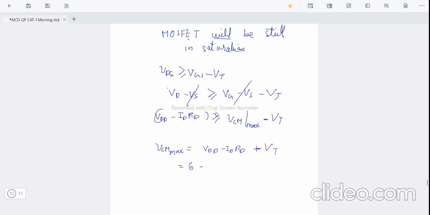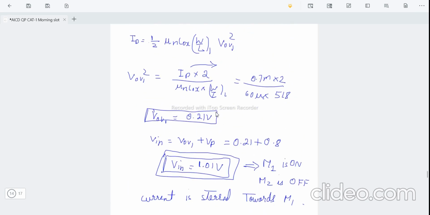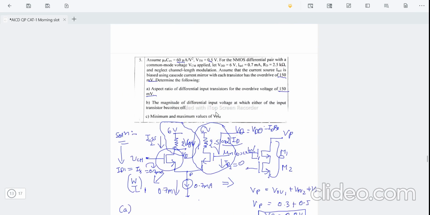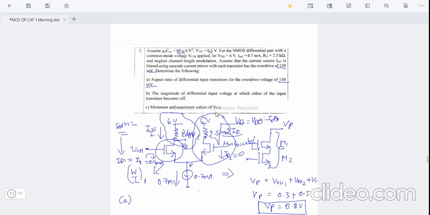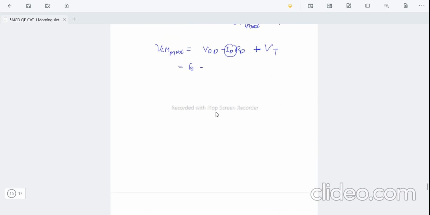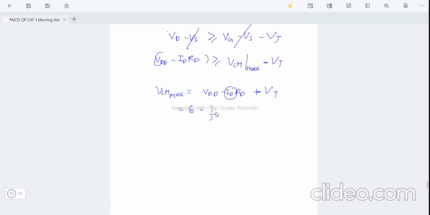VDD is 6 volts. ID is the current which is flowing through one of the MOSFETs. When the circuit is balanced, half of the current will be flowing through M1, and the other half through M2. So half of the 0.7 milliamps would be 0.35 milliamps.